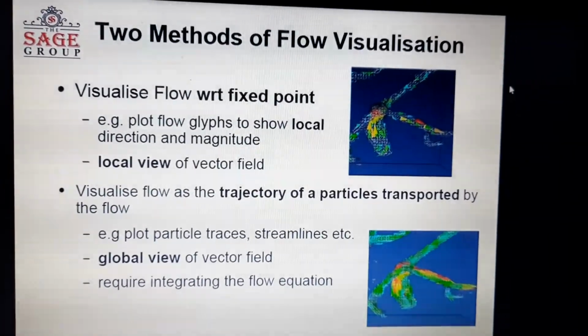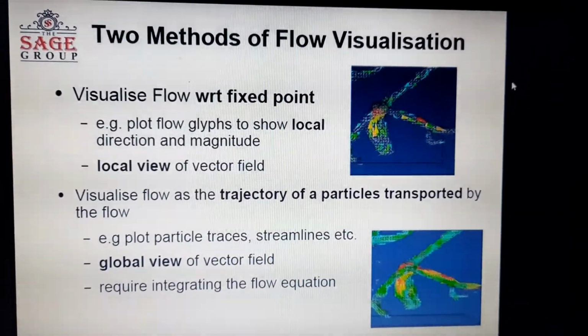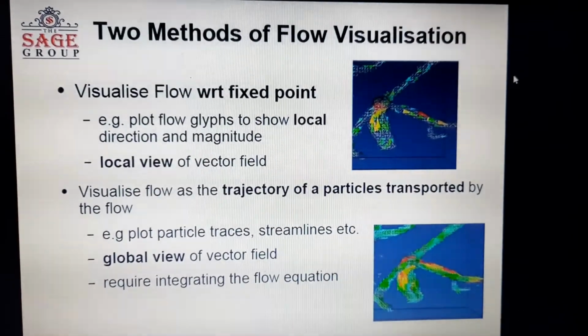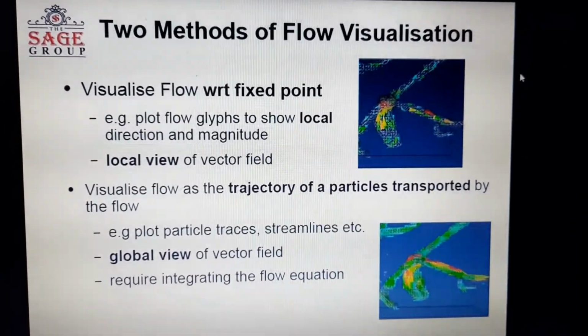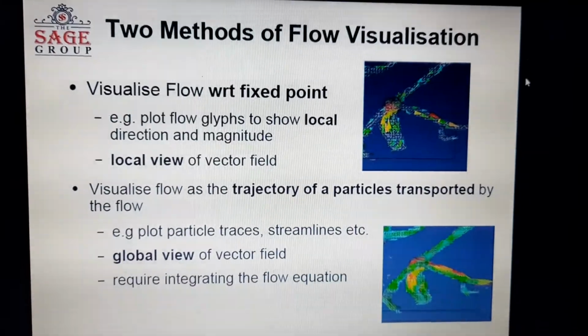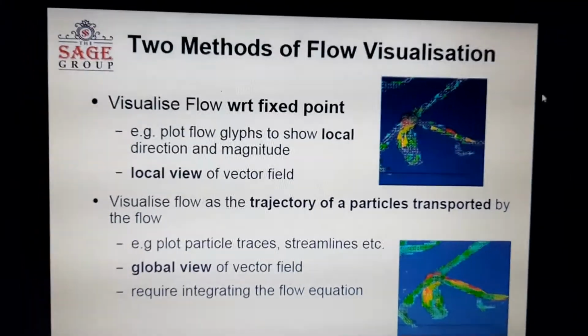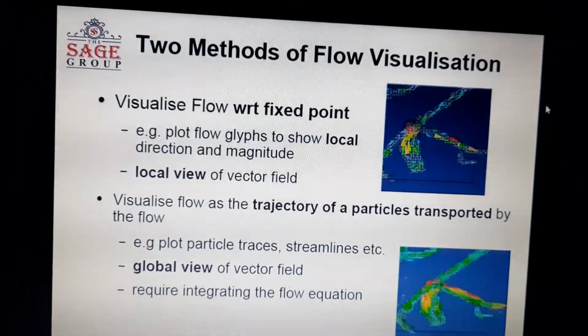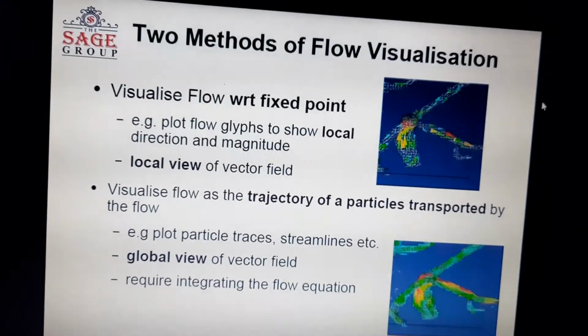Again, the second categorization of visualization is that we can visualize any object's flow with respect to a fixed point.